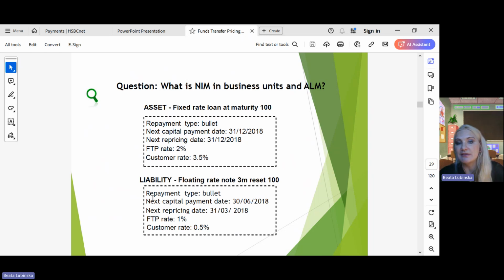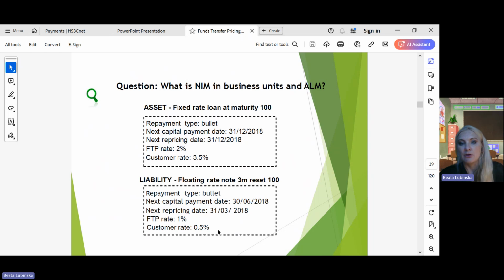And next capital payment date, so the one when it's maturing, is 30th June 2018. Meanwhile, the repricing date is a bit earlier. It's 3 months earlier. It's on 31st of March 2018.